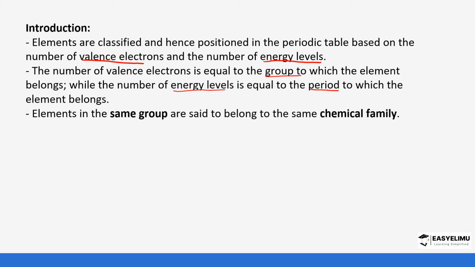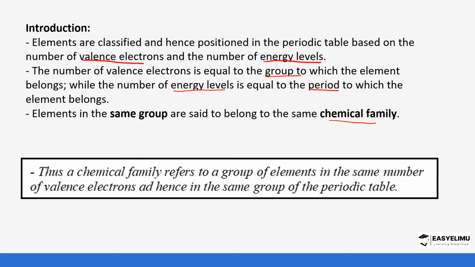Elements that are in the same group belong to the same chemical family. A chemical family refers to a group of elements that have the same number of valence electrons, and so they belong in the same group in the periodic table.